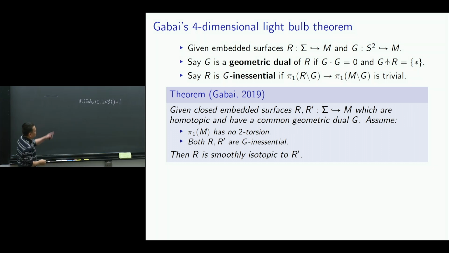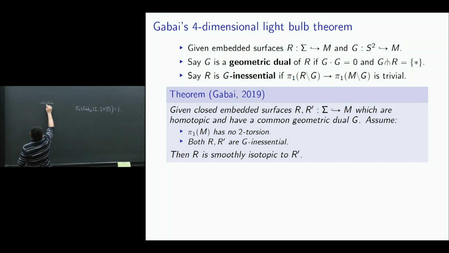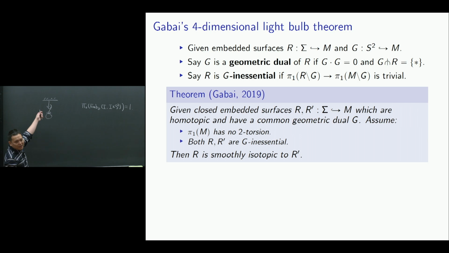So how to interpret this as a light bulb? Let's think: you have a light bulb here. You can draw some funny art. Suppose you have a light bulb, then you can think the complement of the light bulb in the room is this I cross S2. And you have an embedding of this cord inside this I cross S2.